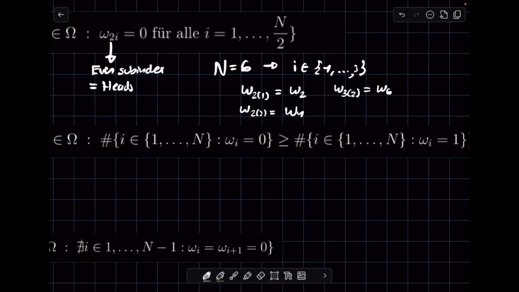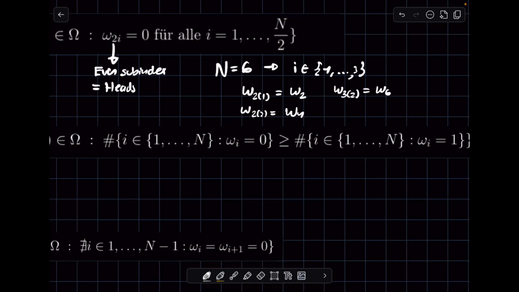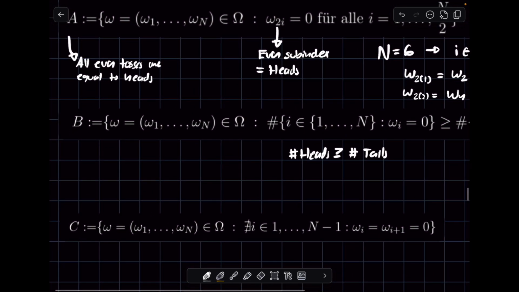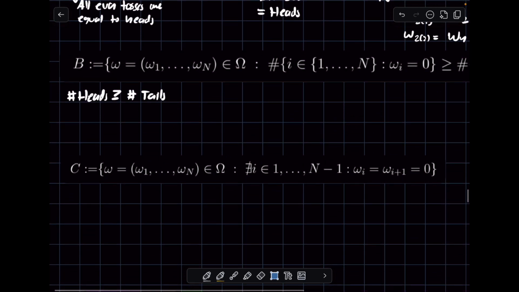Meaning that the amount of heads in a sequence is greater than the amount of tails. That's what we want, because this is what it basically is describing.